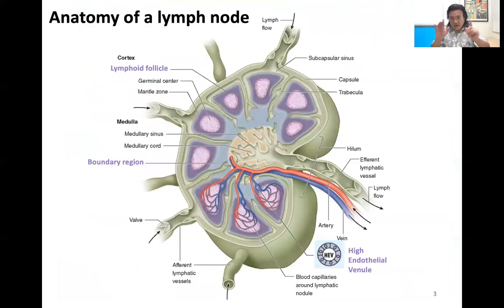All right. Let us revisit the anatomy of a lymph node. We've seen multiple simplified cartoons from the book of a lymph node, but this is a nice one that's a little bit more anatomically correct. Remember, lymph nodes are a classic example of secondary lymphoid tissue. This is where lymphocytes go to actually do their job, where they go to activate.